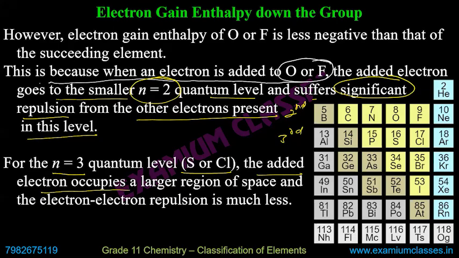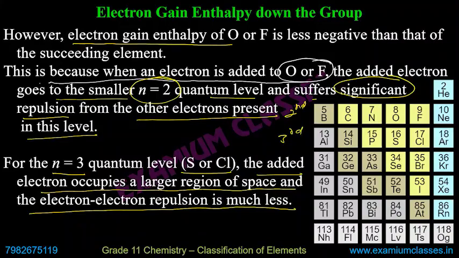The added electron occupies a larger region of space and interelectronic repulsion is much less. That's why this is the exception here: the electron gain enthalpies of oxygen and fluorine are less negative than sulfur and chlorine respectively.